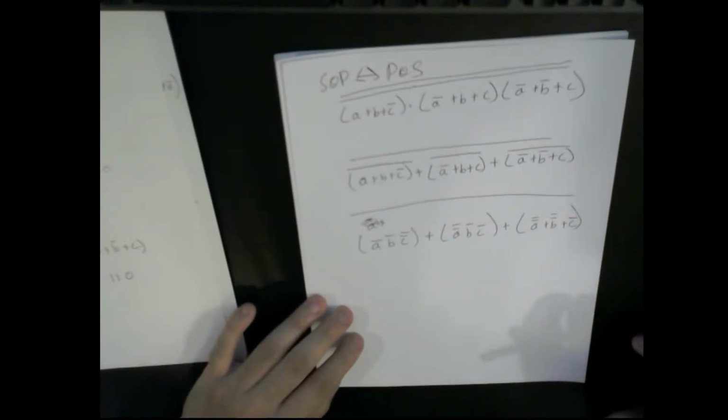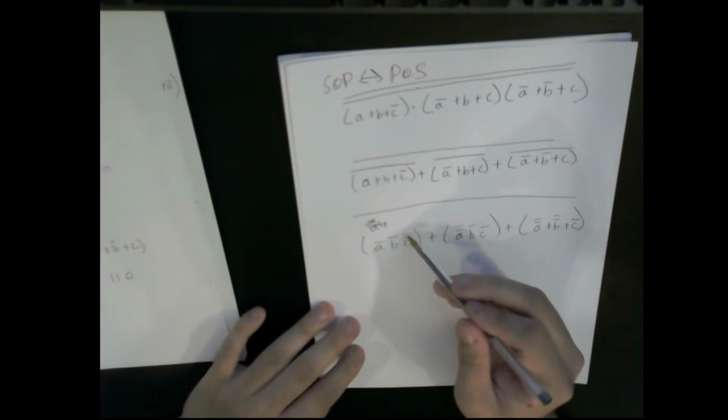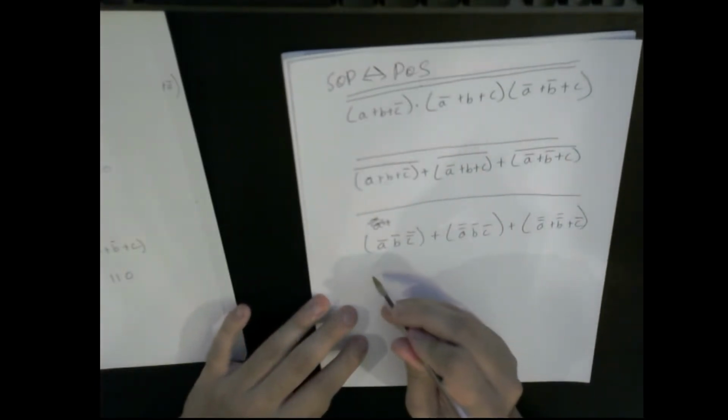Okay, just double-checking that I'm making everything right. All right, and when you have a double inversion, you can get rid of those. So we can simplify this further too.